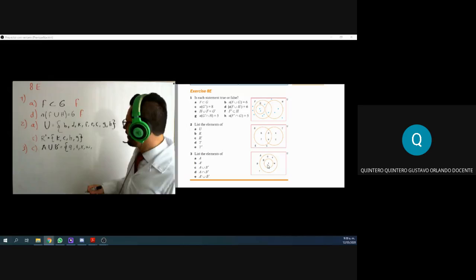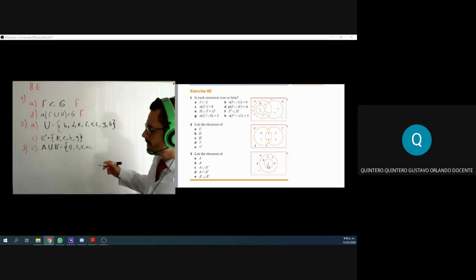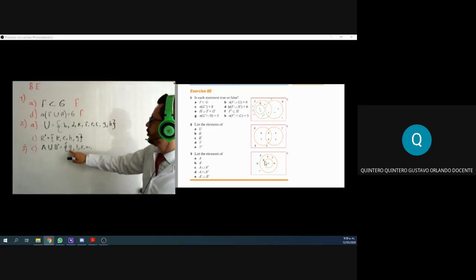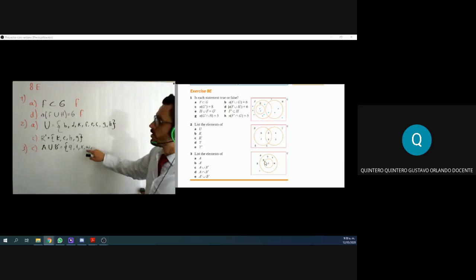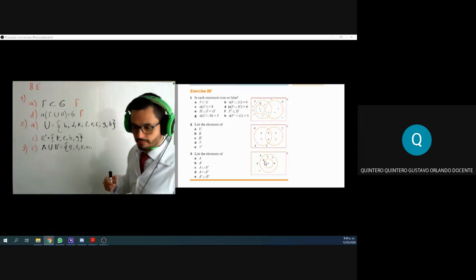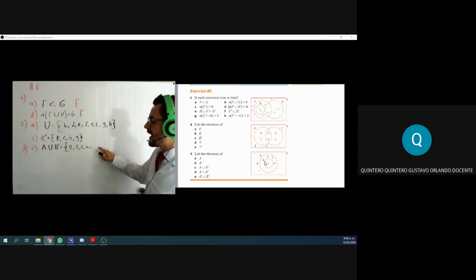All right, so let's write down every single element outside of B, in the B complement. So we have Q, X, and W, but we already have those, so we are not going to write them again. Remember, the list of elements cannot have repeating elements. If you have Q, you cannot have Q again. That would be a mistake.